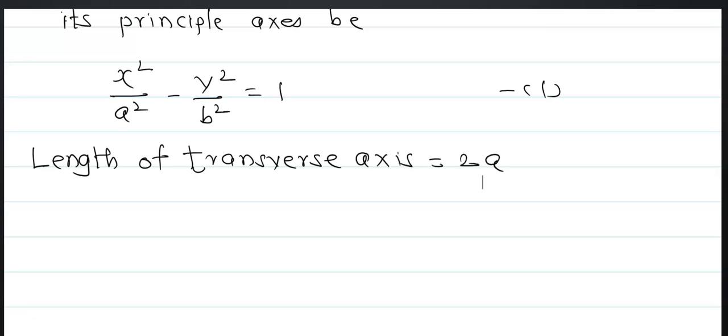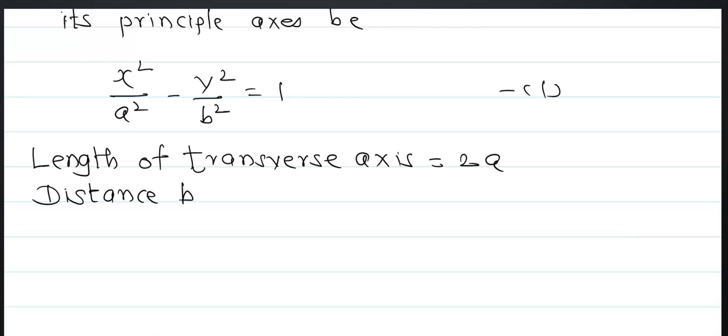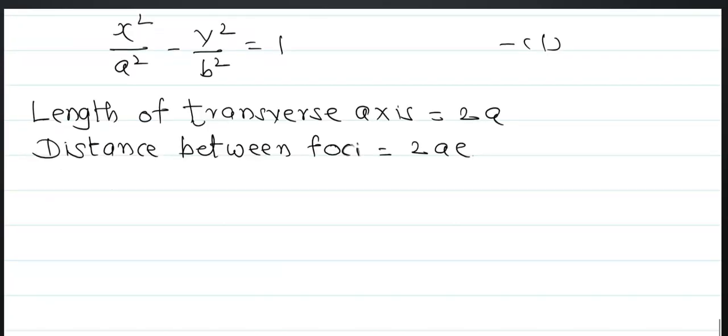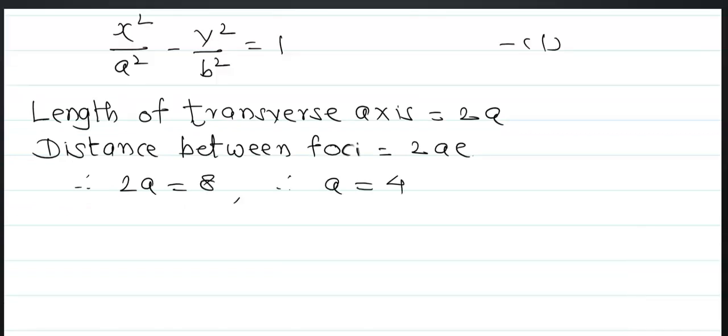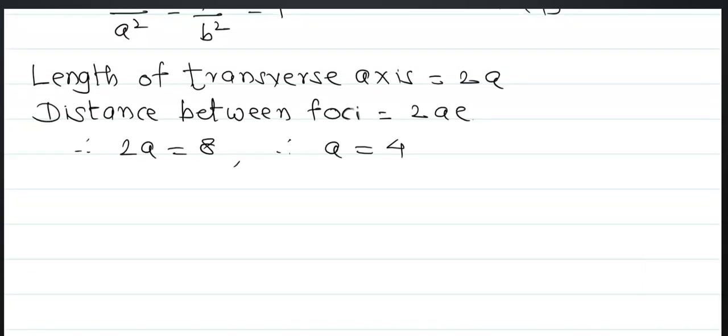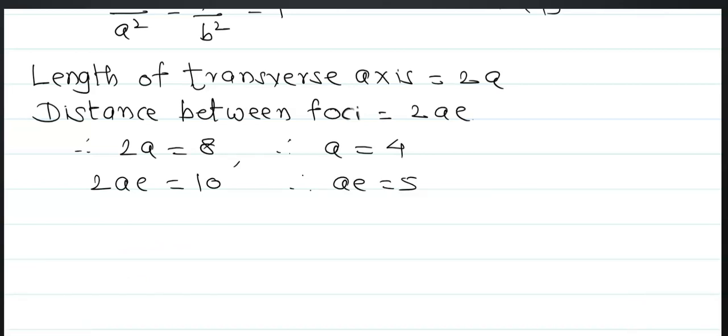Length of transverse axis equals 2a. Distance between the foci equals 2ae. 2a equals 8, so a equals 4. 2ae equals 10, therefore ae equals 5.